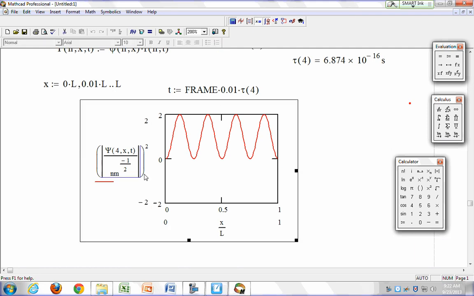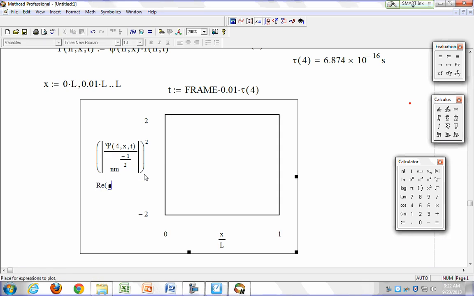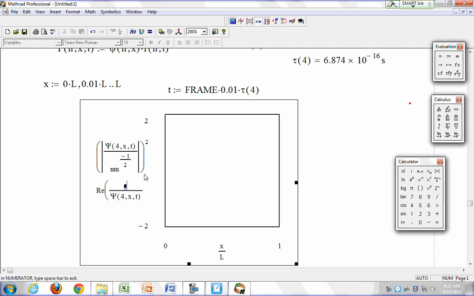In addition to this, I am going to plot the real part of psi for x, t. And what's the unit for psi itself? Nanometer to the negative 1/2, right?